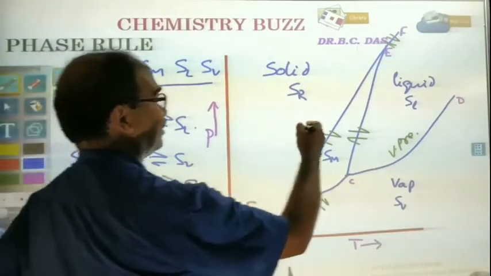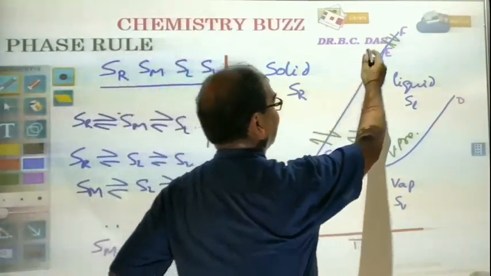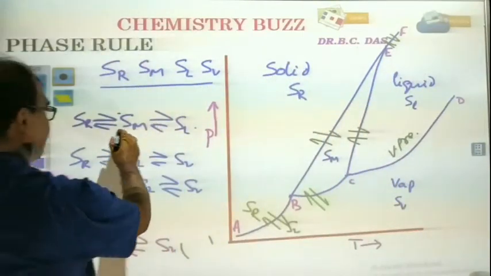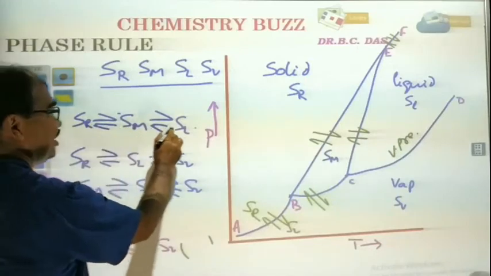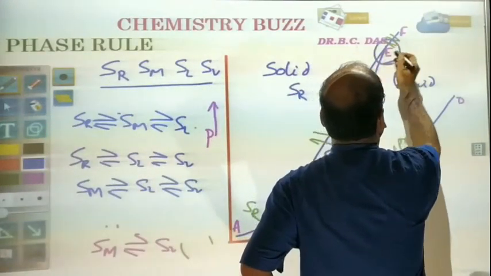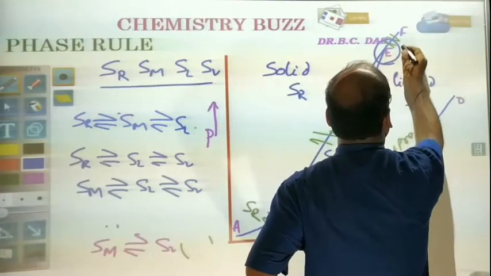So let us find SR, SL, SL. Okay. So SR, SL, SL, this one. This is the SR, SM, SL.